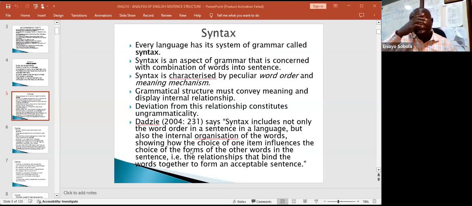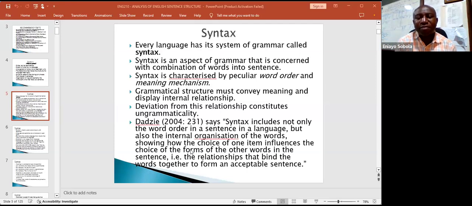If you choose a noun, if the form of that noun is singular, you know the verb to choose. The word you are choosing as a noun must influence the form of the verb. You cannot choose a singular form of the noun and go ahead to choose a plural form of the verb. No, one thing influences another.